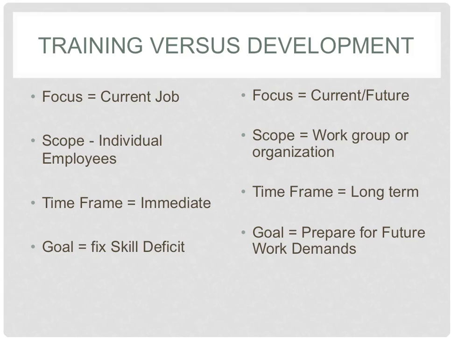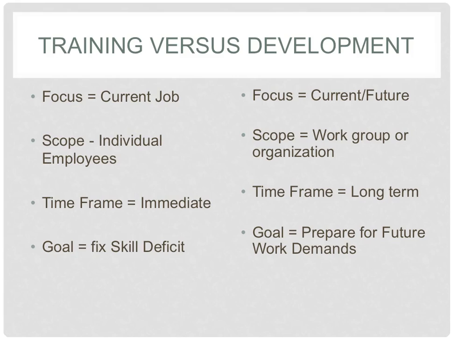Because it's an immediate need, what we need right now in the immediate position, not current jobs or future jobs. It's what we need right now in this moment. And we're looking at skill deficits, getting rid of any gaps between what we want and what they need to do their job right now in this moment.